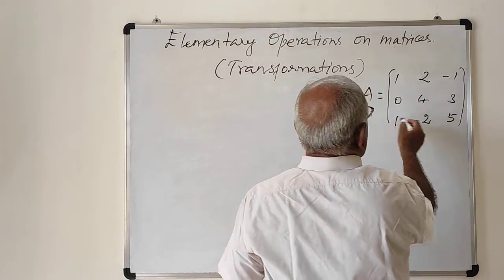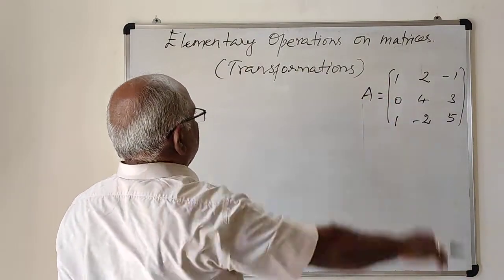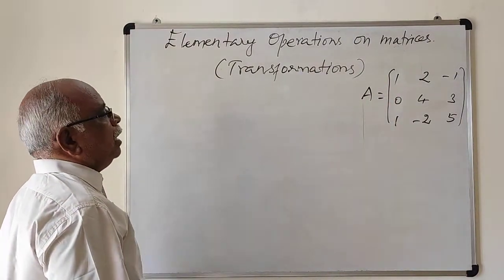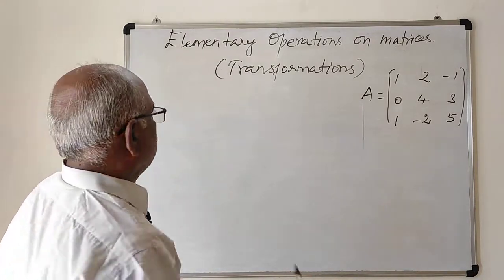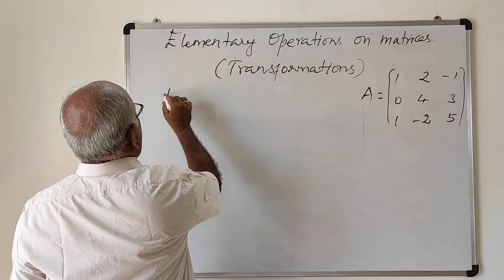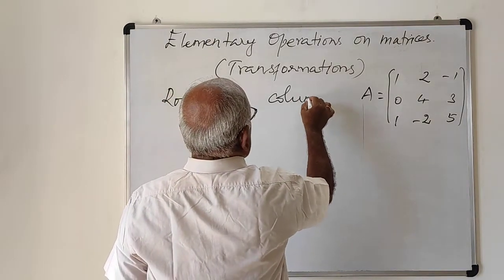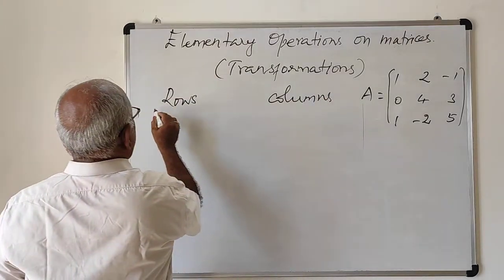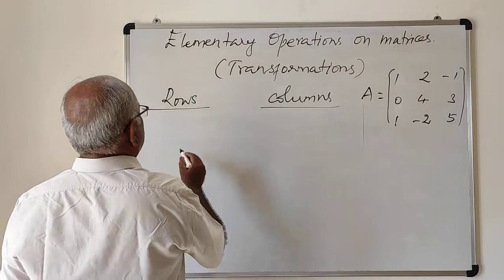You consider a matrix of order 3 by 3. Elementary operations means we have 3 operations on rows and 3 operations on columns.